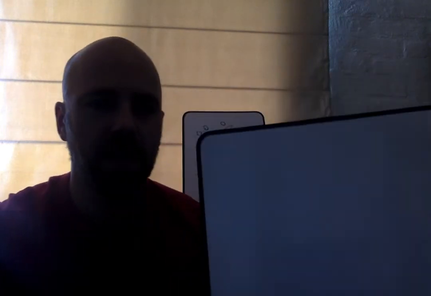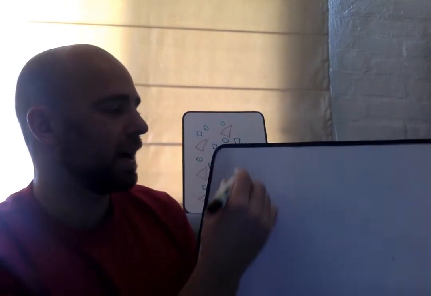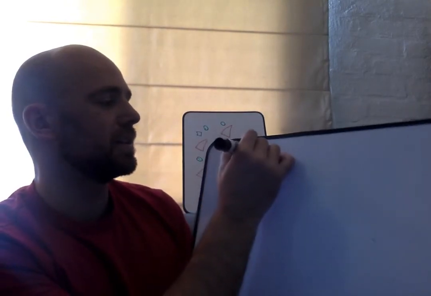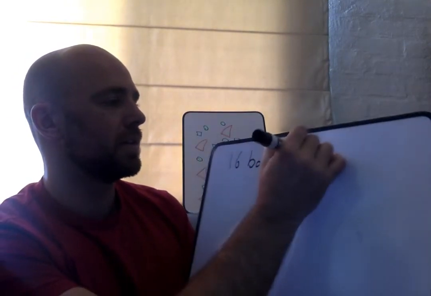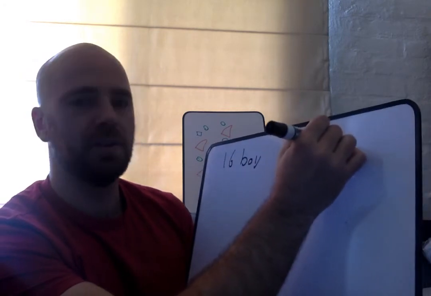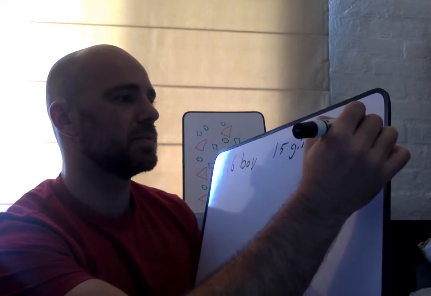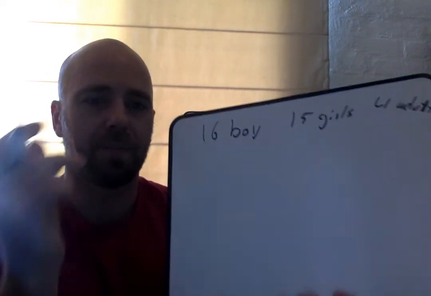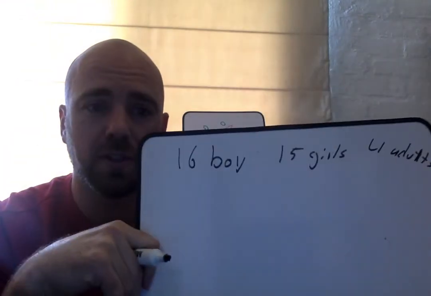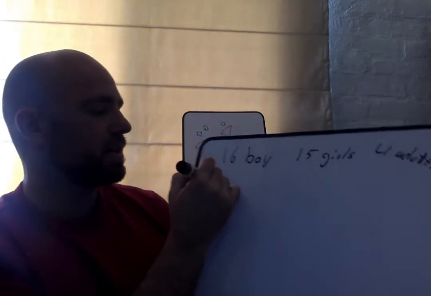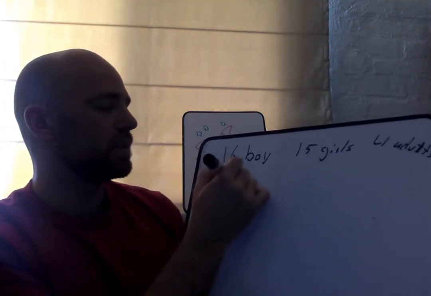So let's say there's a class party. At the class party, there are 16 boys, 15 girls, and 4 adults. I want you to show me a comparison of boys to girls.